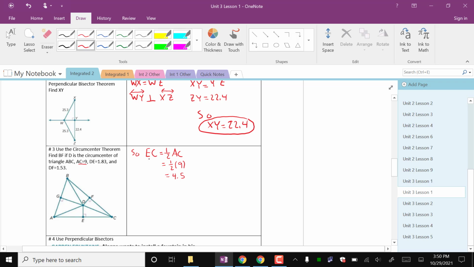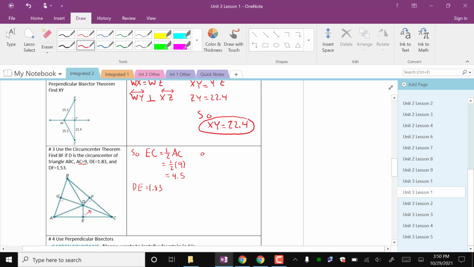Now, what we want to do is find DC. So we want to find this part right here. But we know DE. DE equals 1.83. So I have this, I'm missing this. Well, I notice this is a right triangle, so I'm going to use Pythagorean's theorem to find DC.